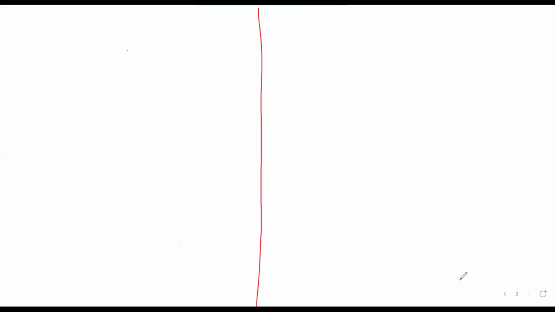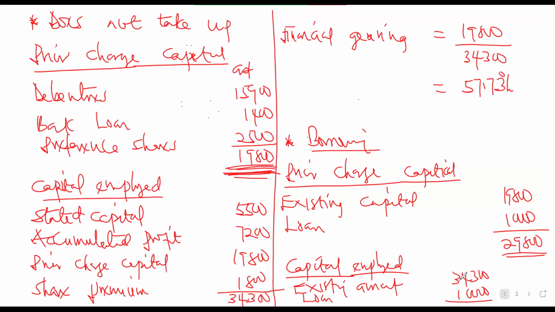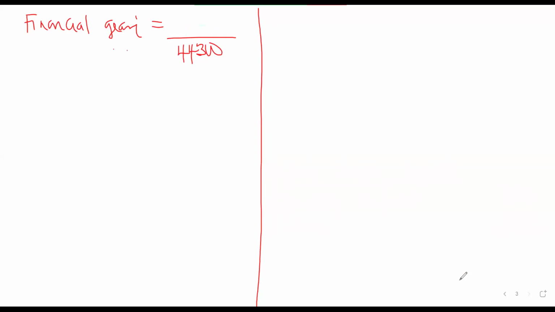Okay. Our financial gearing will be equal to 29,800 divided by 44,300, multiplied by 100.